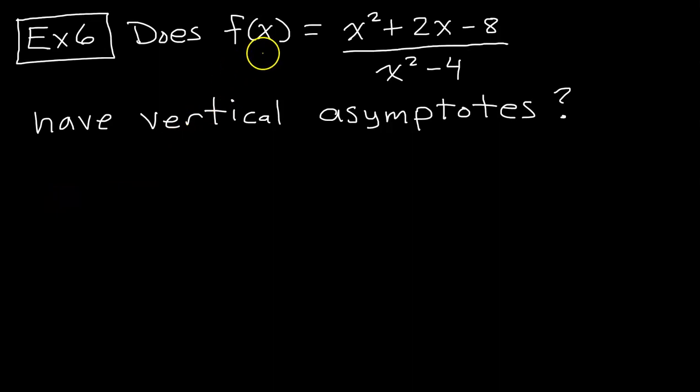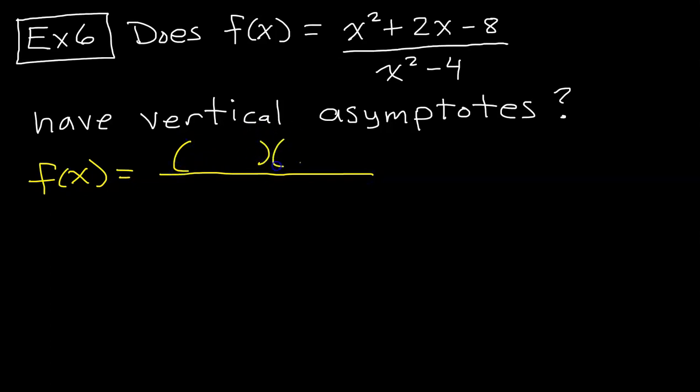Example 6, does f of x equals x squared plus 2x minus 8 over x squared minus 4 have vertical asymptotes? Well, notice that the numerator and denominator can both be factored. So let's do that so we can get a better idea of what we are dealing with. That numerator will factor as a binomial times a binomial.